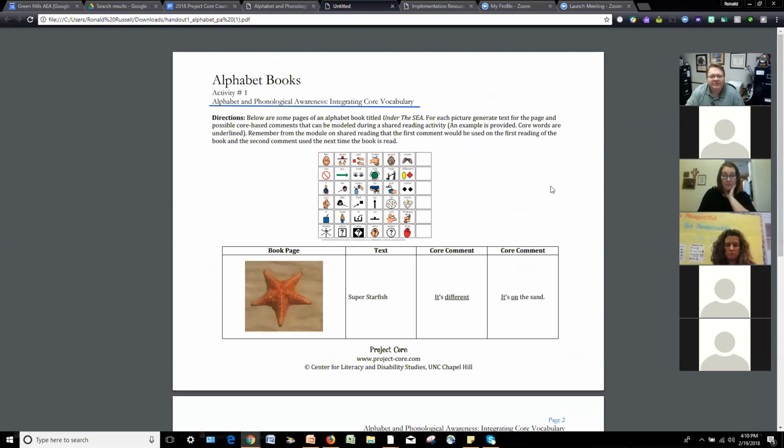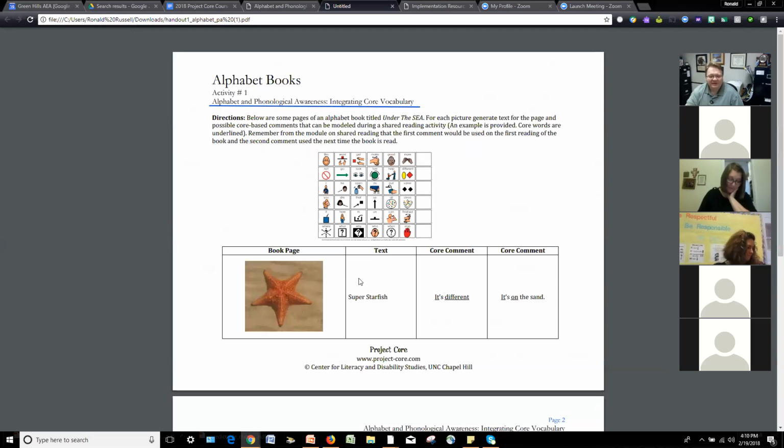You can see a couple examples here: it's different, it's on the sand. So the comments there use several of our core vocabulary words.